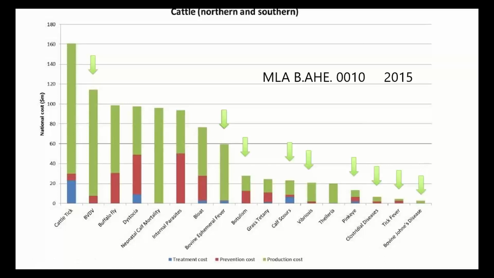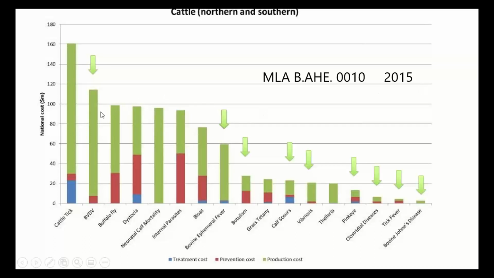They're the diseases which are both infectious and for which there is a vaccine. So at this stage of the game, damn near every major infectious disease in cattle ranked in this study is one for which there is a vaccine.